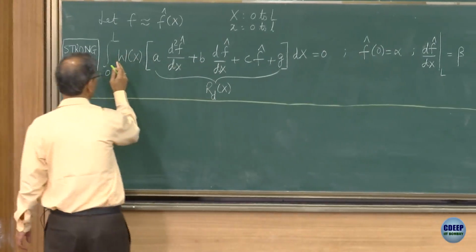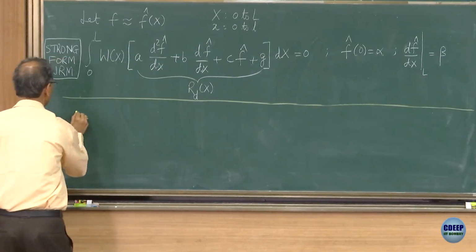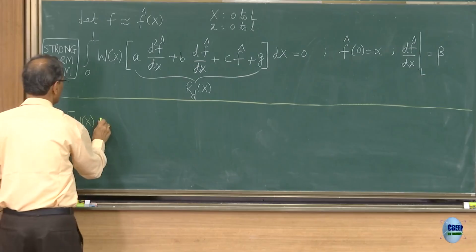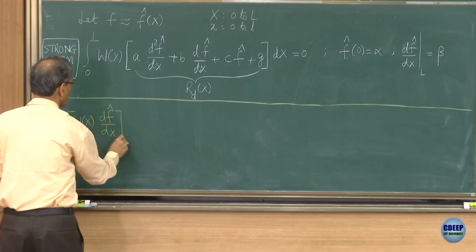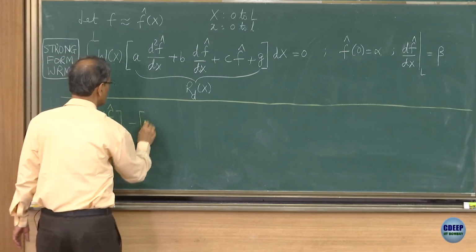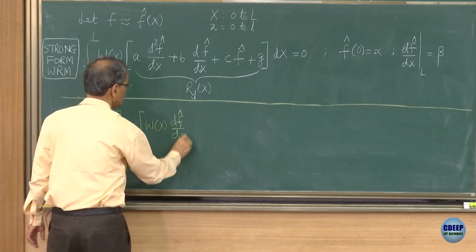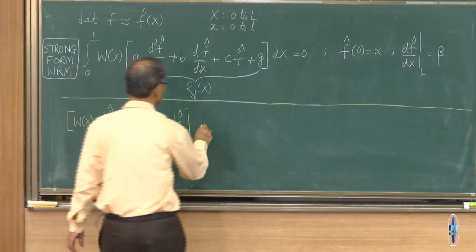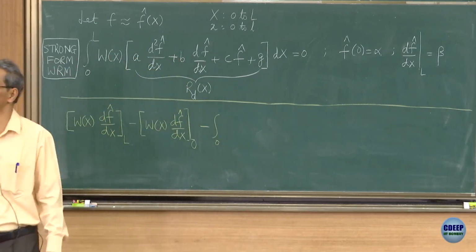So what did we do for weak form integration by parts? We did it on the first term. So that is w of x df hat by dx at L, minus w of x df hat by dx at x is equal to 0, minus, I am straight away writing these things because you have already done it in the previous classes.